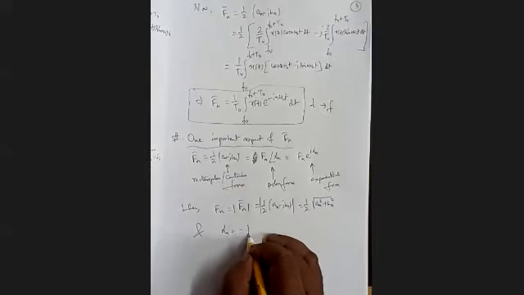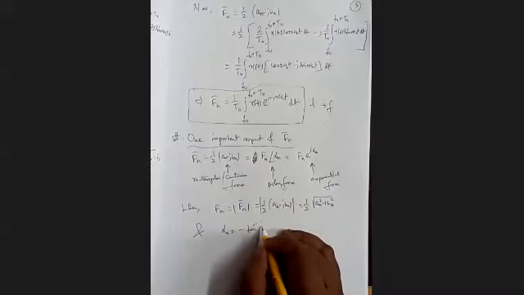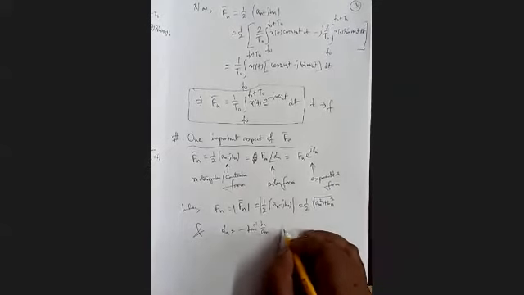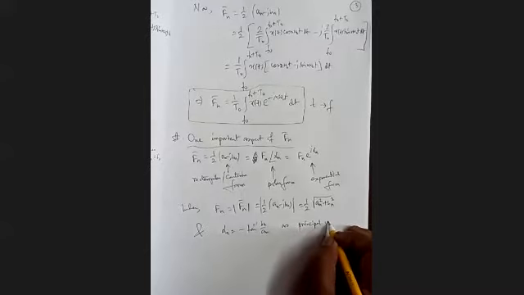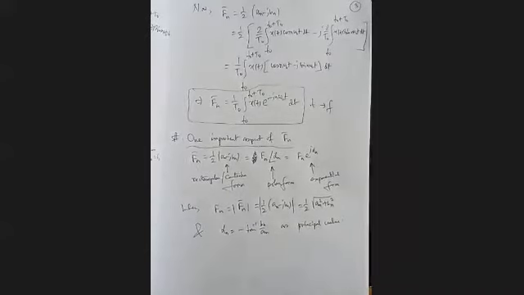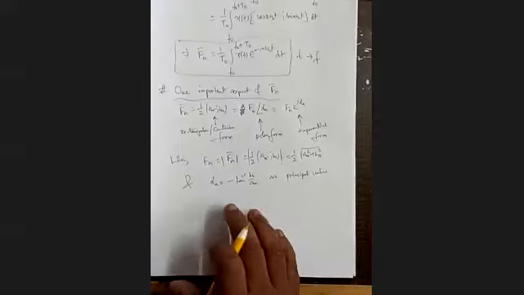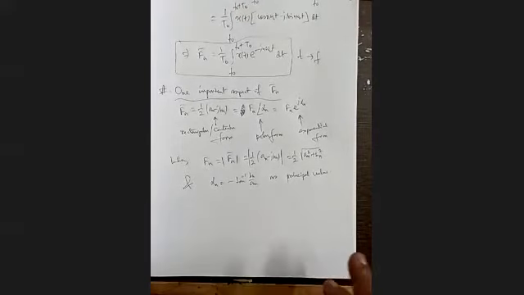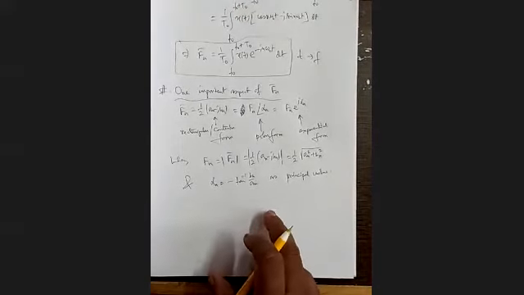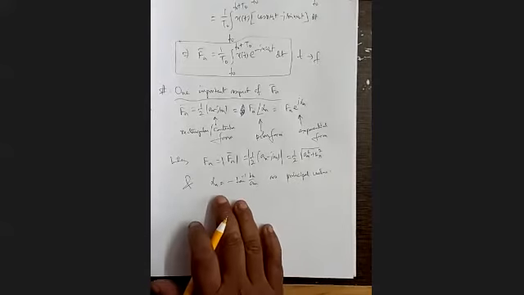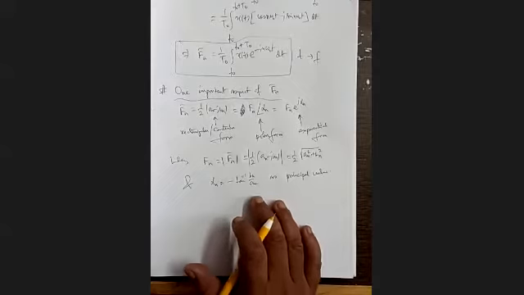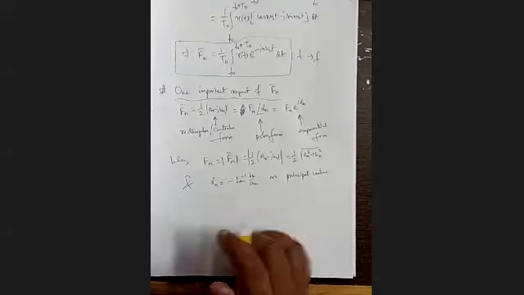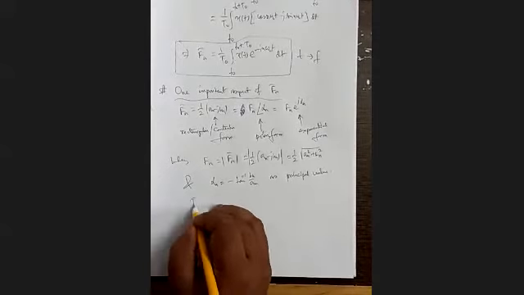Alpha n is minus tan inverse bn by an, as the principal value. Truly speaking, this does not always come this way. The actual value of alpha n will depend on the signs of an and bn.